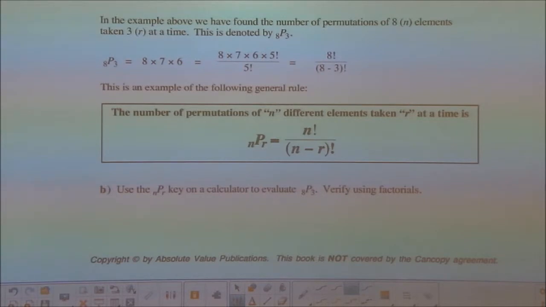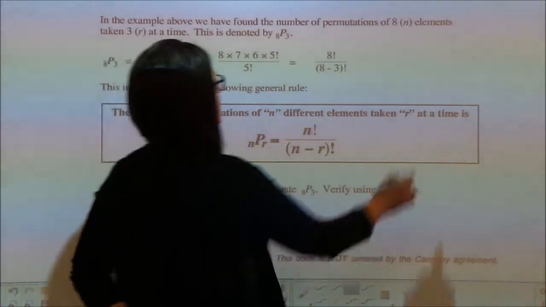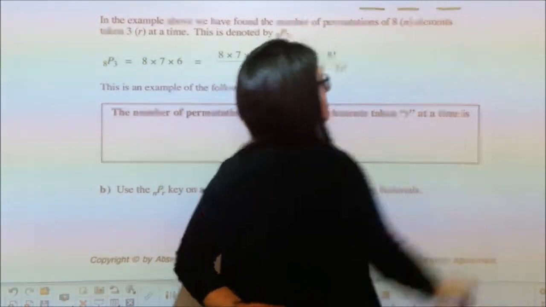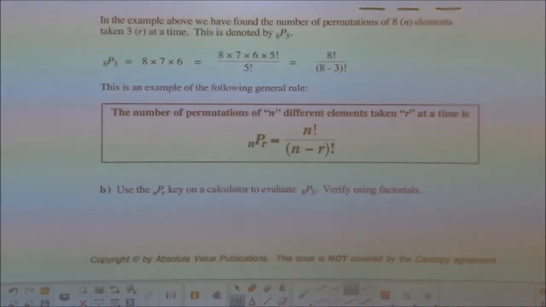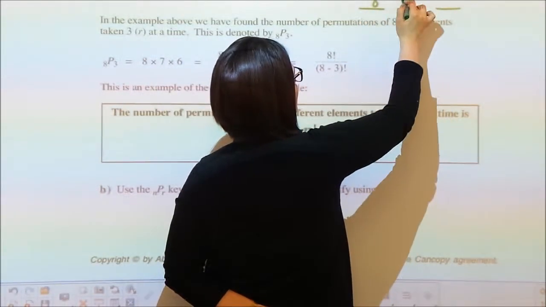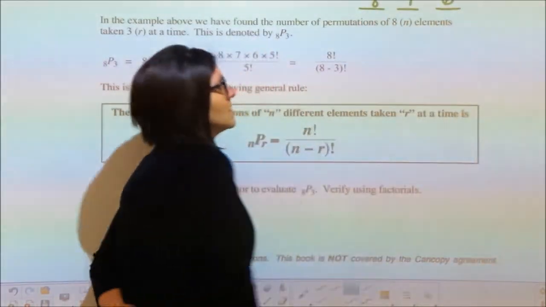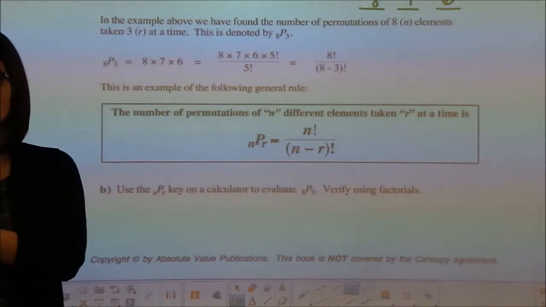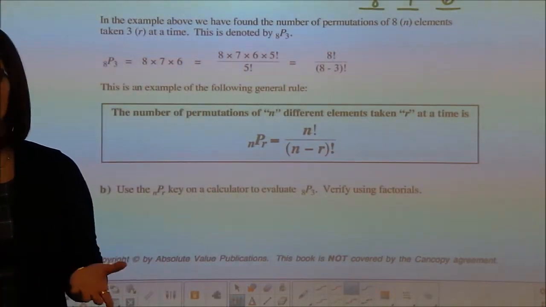What if I don't take all of the letters at a time? So suppose I have the word graphite. Graphite contains 8 letters. I only want to take 3 at a time. 3 letter arrangements. So how many choices do I have for the first spot? 8. How many for the second? 7. And 6. So let's say I wanted to still be able to use this 8 factorial.